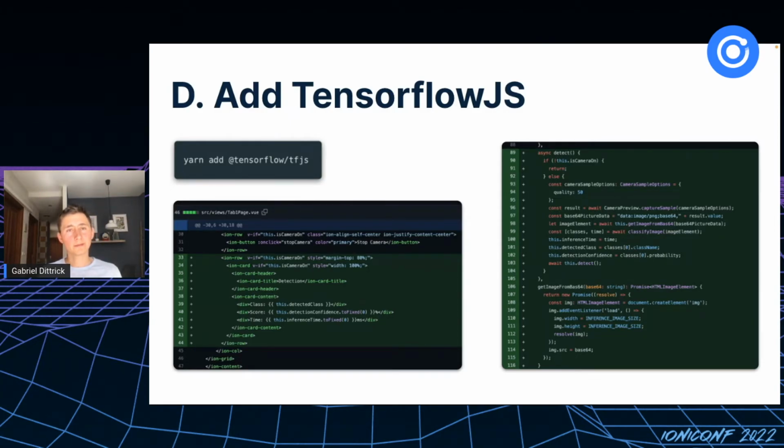Then we create an HTML image element from this base 64. This happens on line 98. With this HTML image element, we can then run the classification. So we're calling the classify image method on line 99 with our HTML image element.